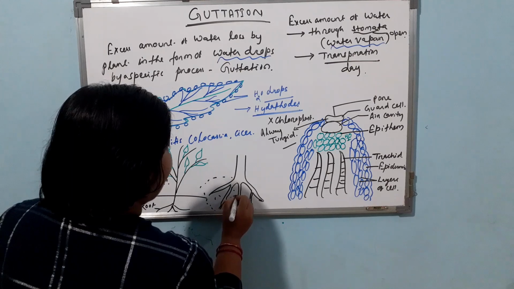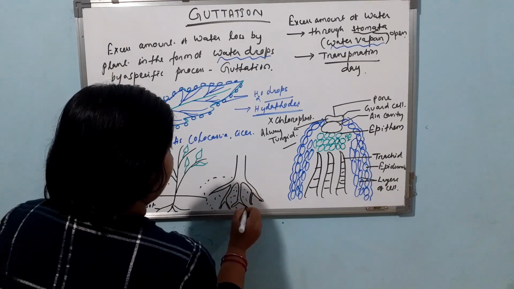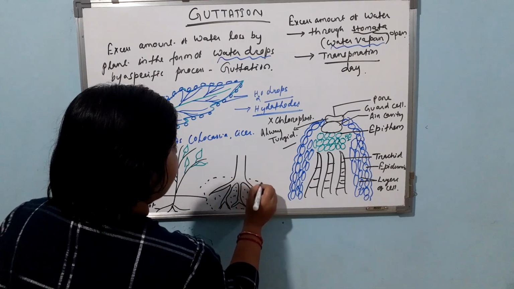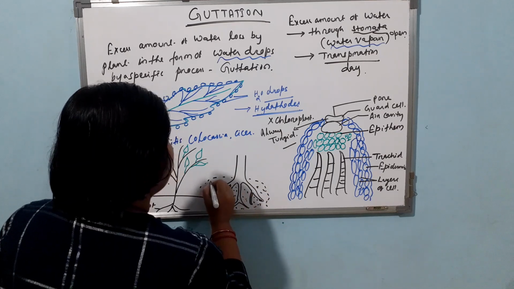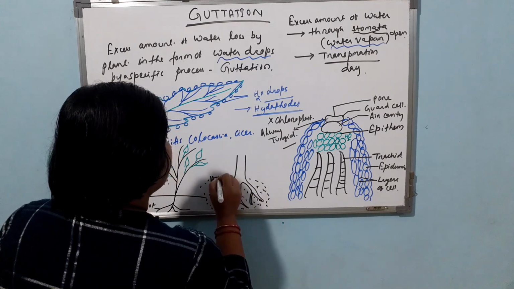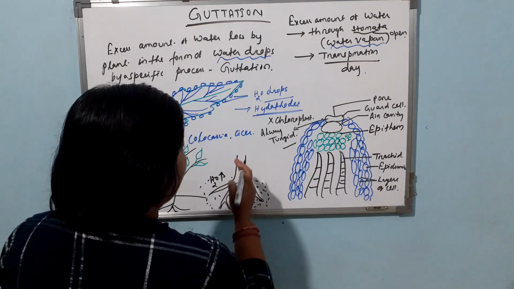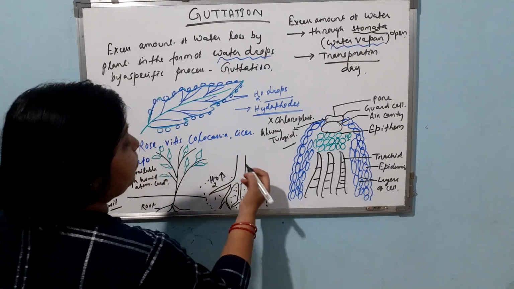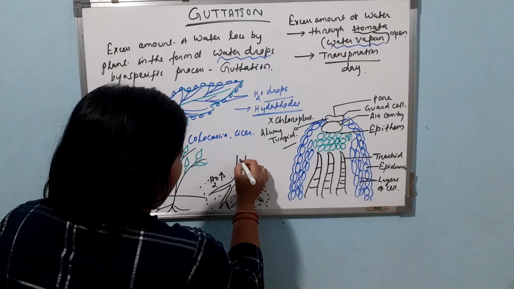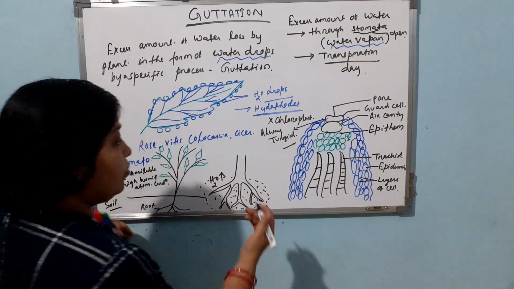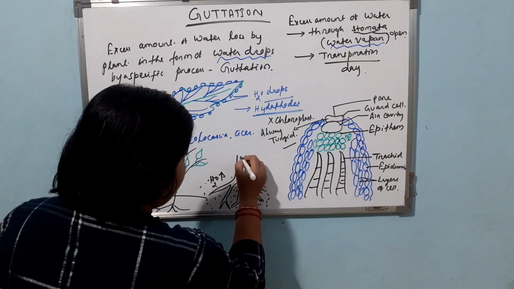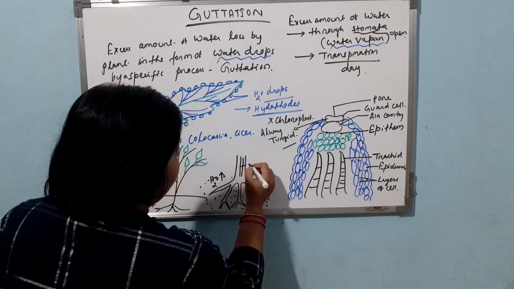Here water concentration is more compared to the plant cell. Here the conducting tissue is present, which is xylem.